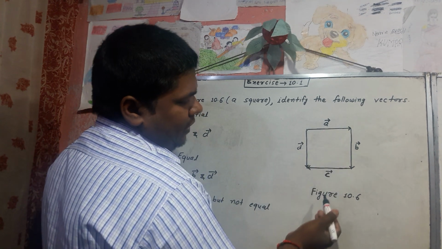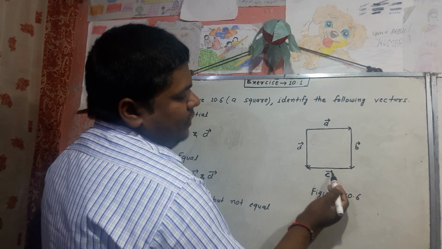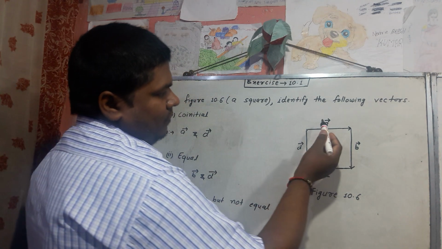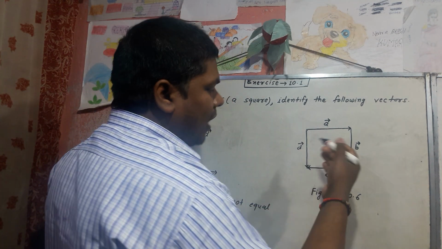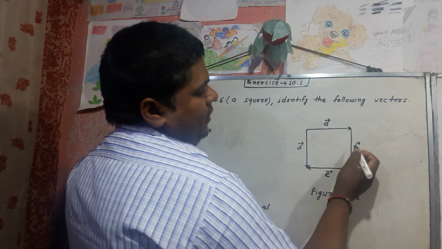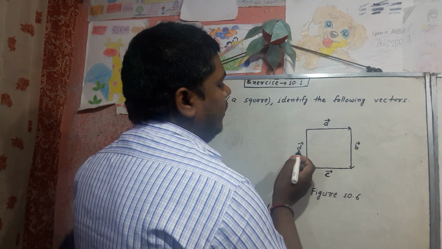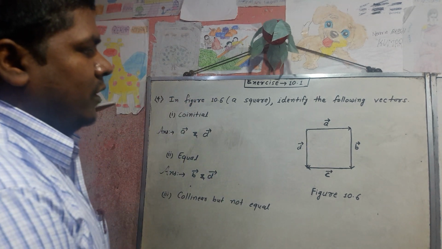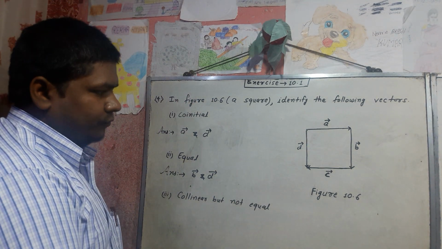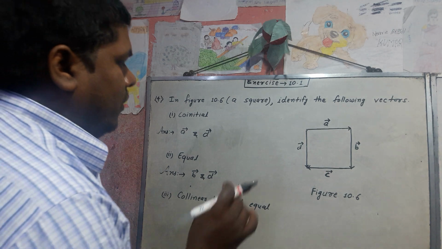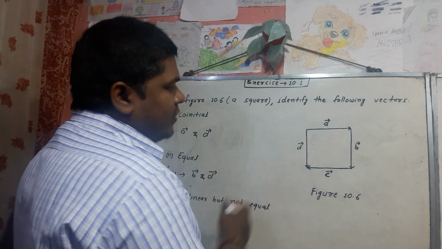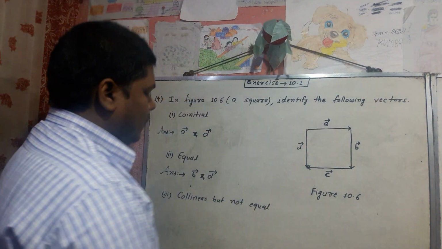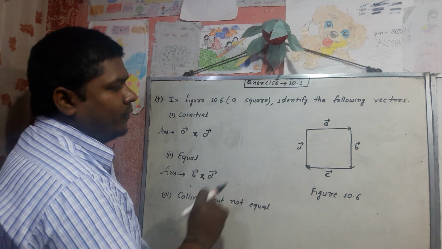A vector and C vector are collinear, and also B vector and D vector are collinear vectors. But we must answer only collinear but not equal.